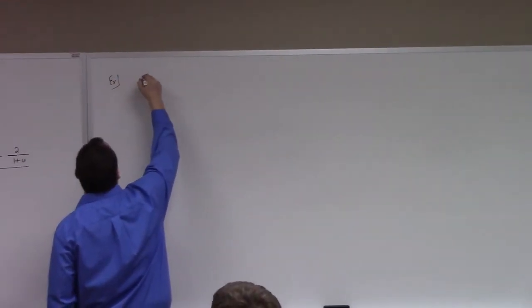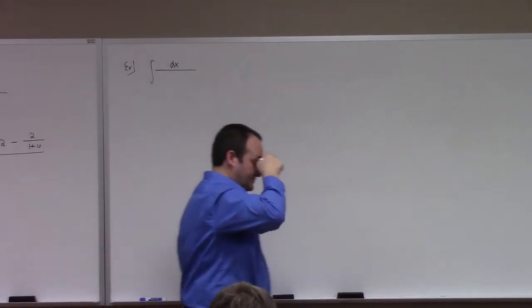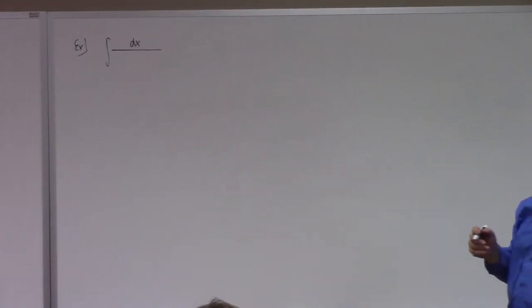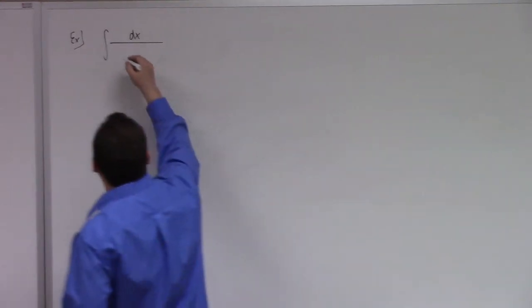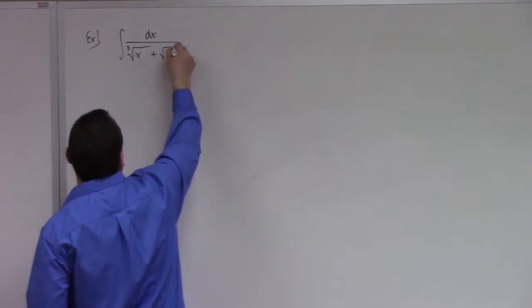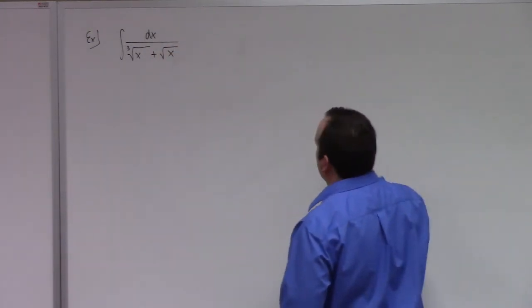If I have the integral of dx over the cube root of x plus the square root of x, what kind of rationalizing substitution am I going to want to make here?